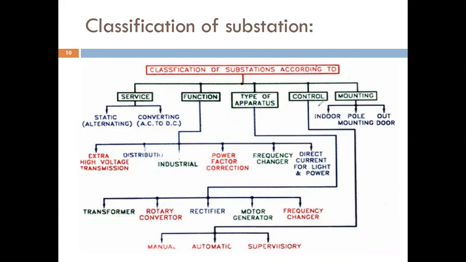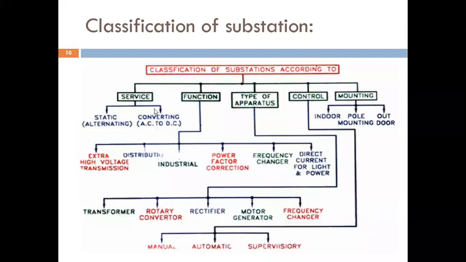Now according to the control, there are three controls. The first one is manual control, the second one is automatic control, and the third one is supervisory control. So there are three control systems. So this is the classification of substation.